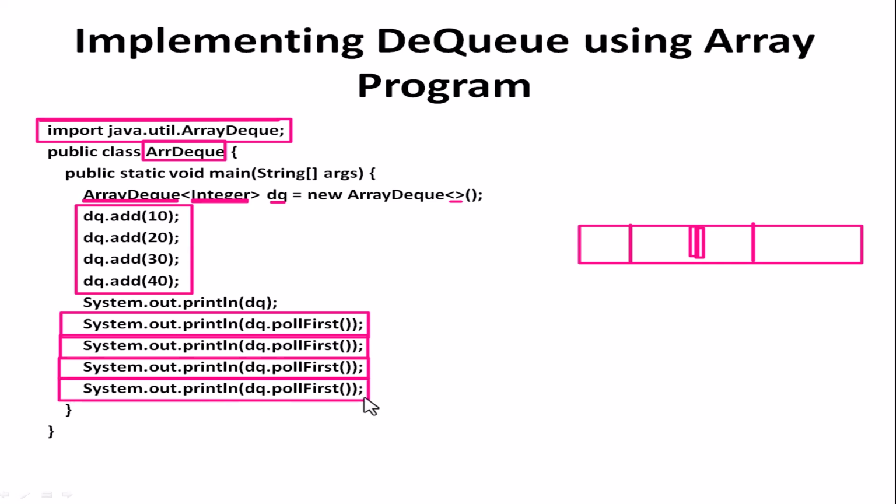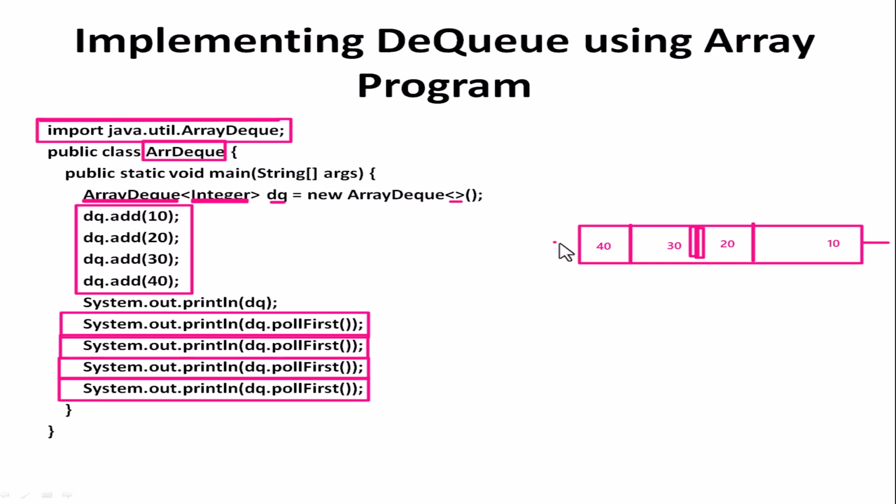The deque has two ends, so insertion happens at one end and removal at another end. 10 is added initially, 20 is added, 30 is added, and 40 is added. Finally, from here you are going to remove the elements.